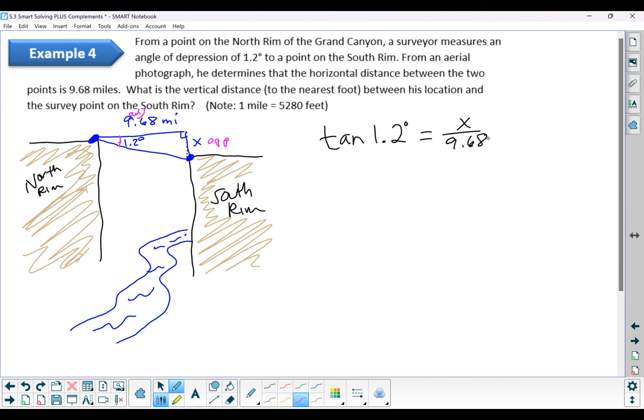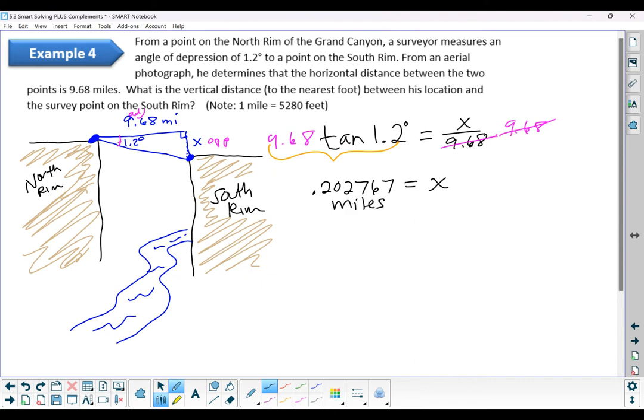If we multiply both sides of our equation by 9.68, we will get our answer. So we're going to use our calculator here. And I got 0.202767. So that is in miles.